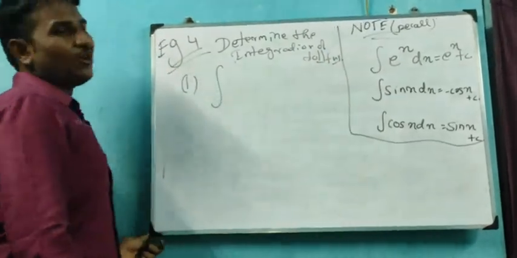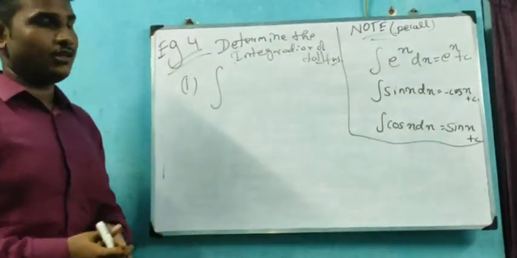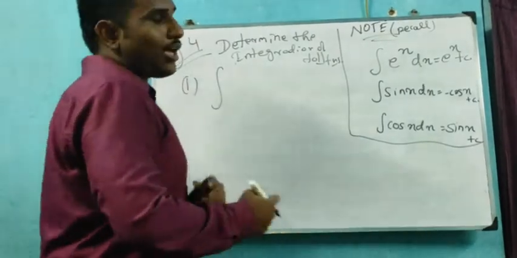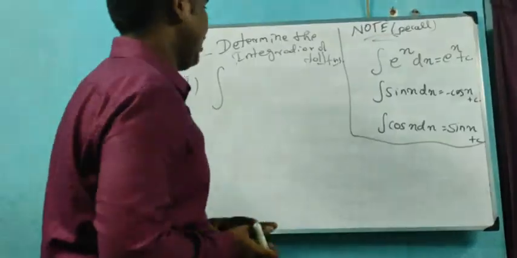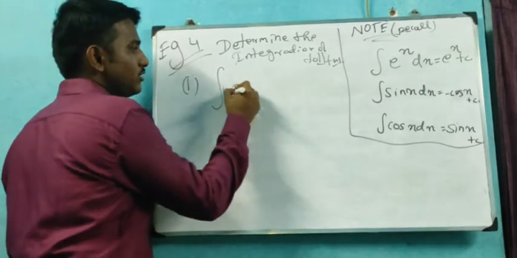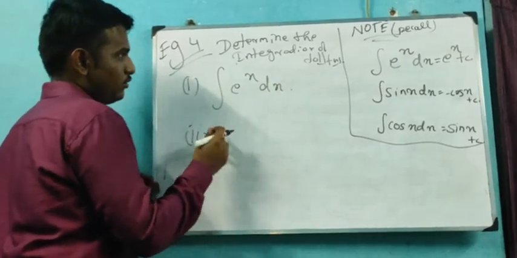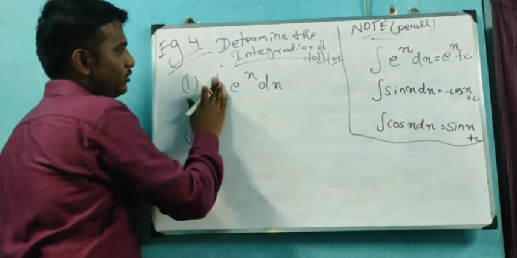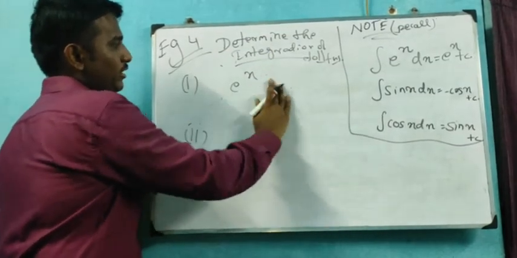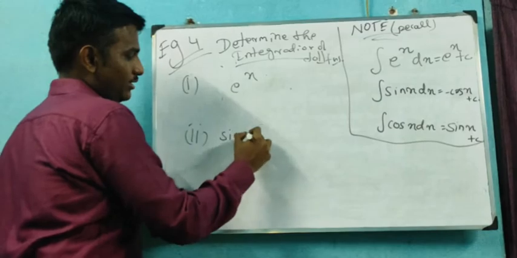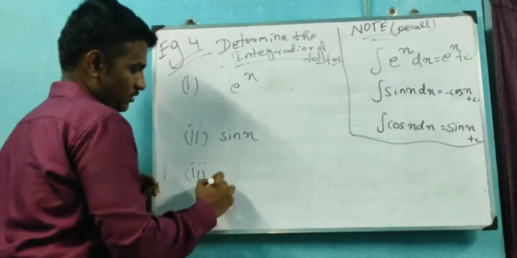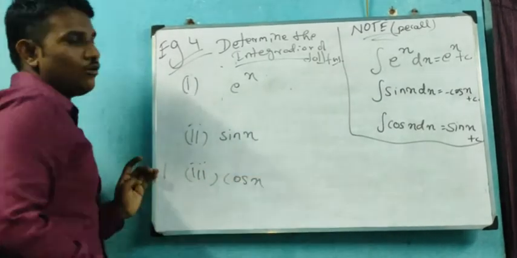We don't have time to write the full questions, so that's why I'm writing it like this. If we have more time, I will write it fully and clearly. First question is integration of e power x dx. Just e power x, just sin x, just cos x. Now you have to integrate.